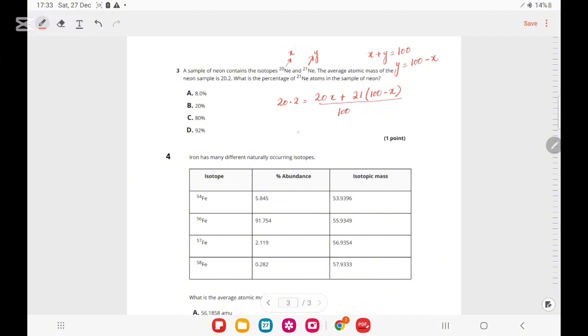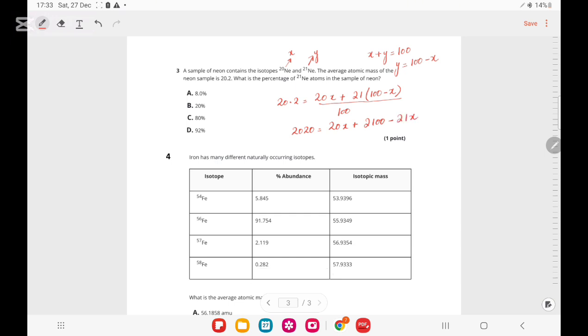So let's put 100 over there. It is going to multiply, so it would become 2020 and then we have 20x plus 2100 minus 21x.